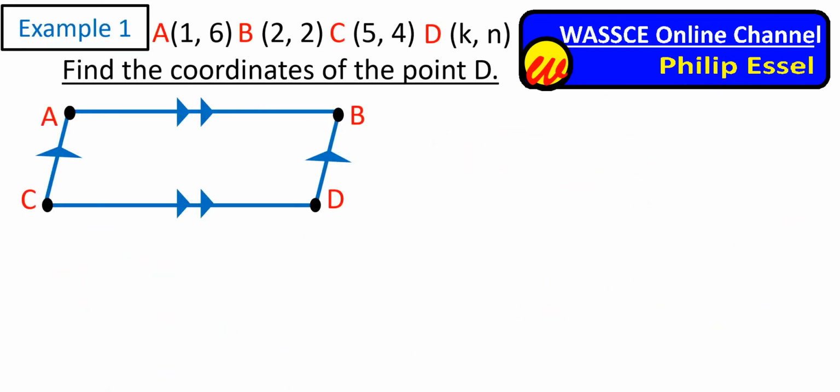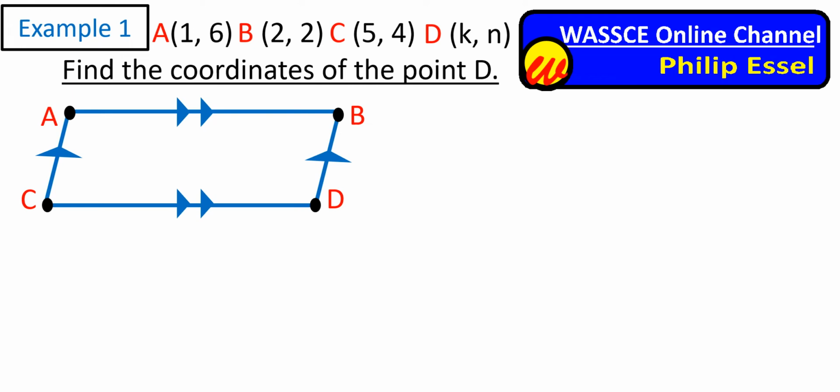Example 1. For the diagram given, the point A is (1, 6), point B is (2, 2), point C is (5, 4), and point D is (K, N).